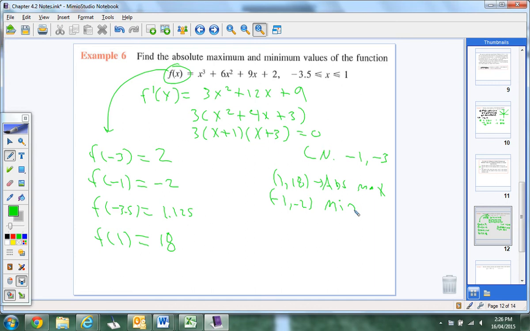Okay, if you forgot where -3.5 and 1 came from, they are the endpoints that are given to you in the problem. So no work required there. You just have to test them to see if they end up being a max or min, and that's because they're both included. So whatever this graph looks like, we have 18 up here, and (-1, -2) is down here.